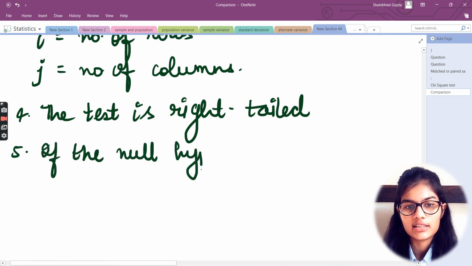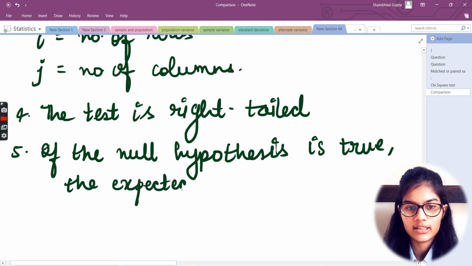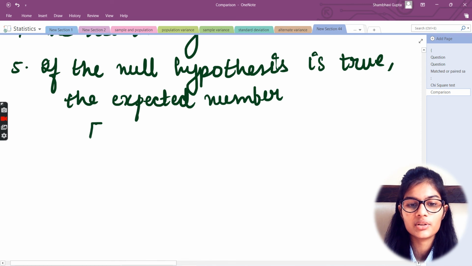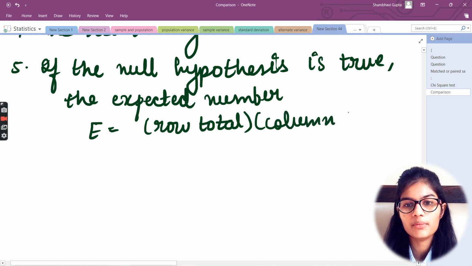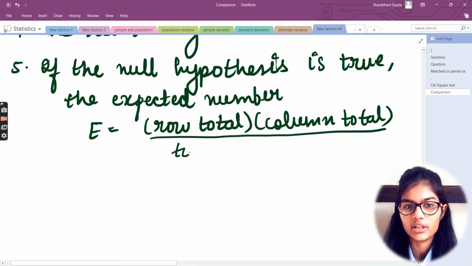And regarding the last point, if the null hypothesis is true, then the expected number, that was E, is equal to row total times column total, divided by the total surveyed, right?